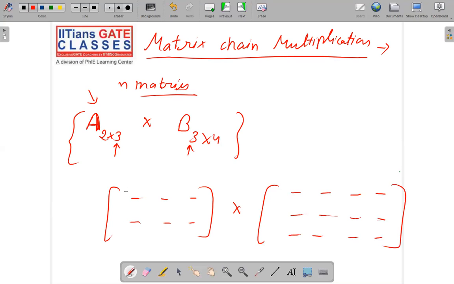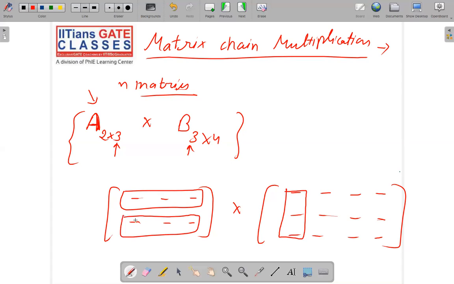So you pick its first row and try to multiply it with its first column, and you pick another row and try to multiply it with this column.